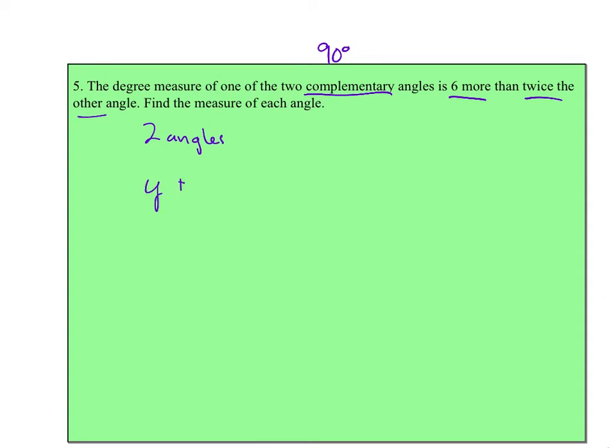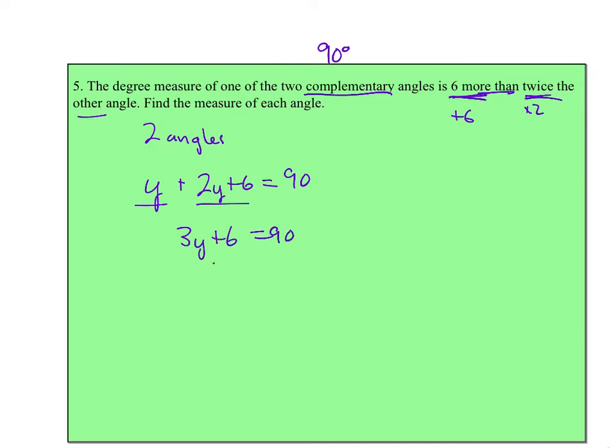Then you need 6 more than, which usually means you're adding 6, and twice, which means you're multiplying by 2. So I'm going to need twice y plus 6 equals 90. There's my first angle, there's my second angle.